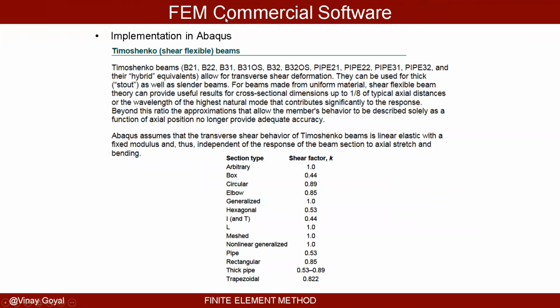The Timoshenko beam theory is called shear flexible beams in Abaqus. These are from the Abaqus manual, you can see they have those. It's called Timoshenko beams, and they come in several forms, B21 and so forth. It allows for transverse shear deformation, and you can see that the manual is consistent with everything I'm teaching.